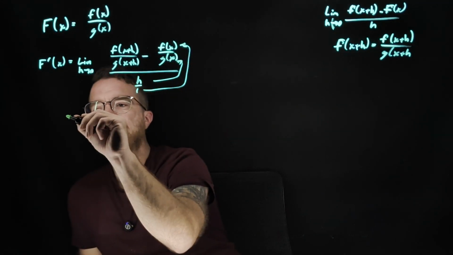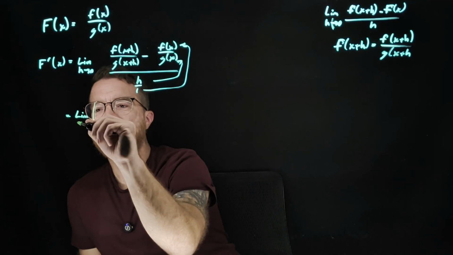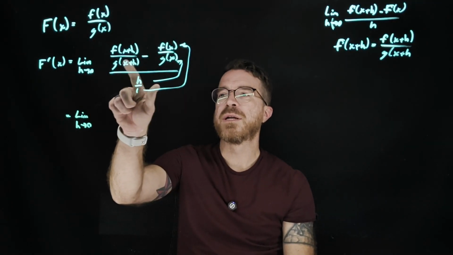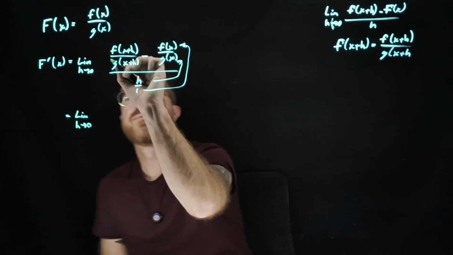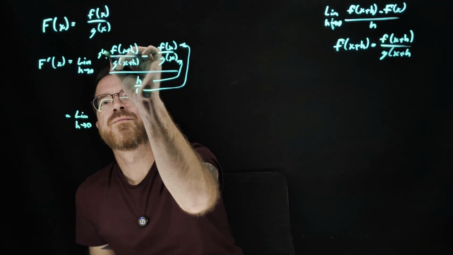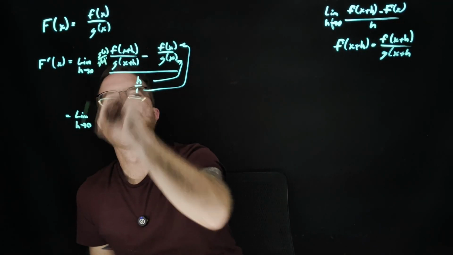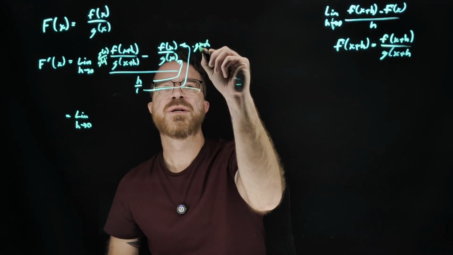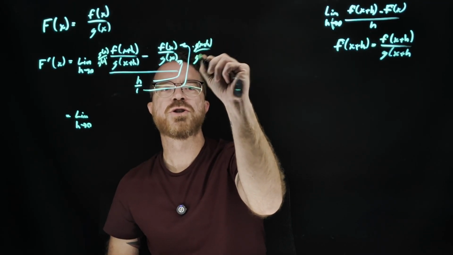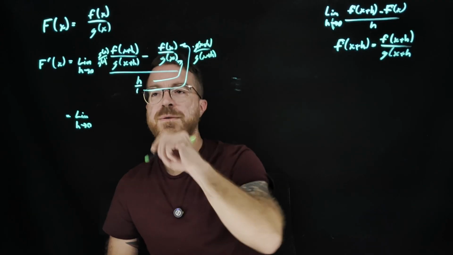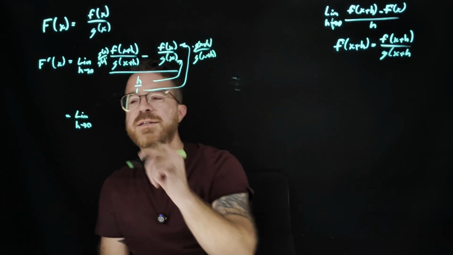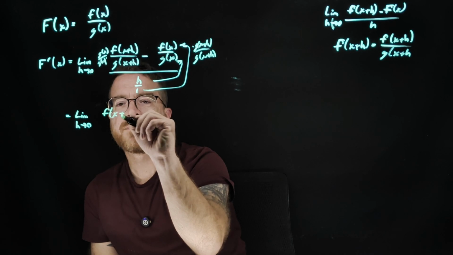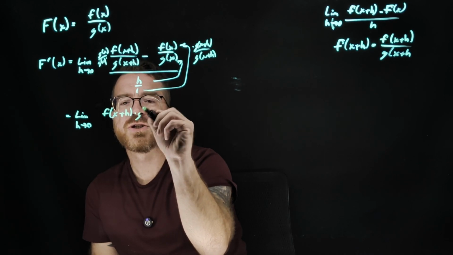So to get a like base, or the same denominator, I need to multiply this one by g of x over g of x, and I need to multiply this one by g of x plus h over g of x plus h. So in this case, this is going to end up being f of x plus h times g of x.